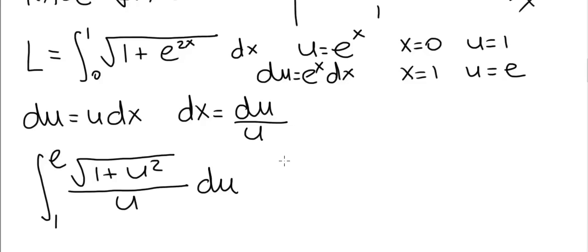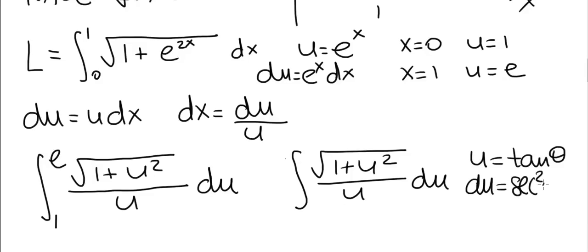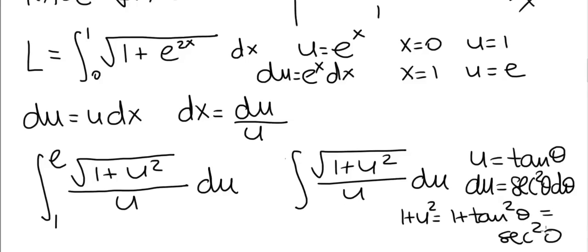So let's put aside the 1 and the e and find the antiderivative of the square root of 1 plus u squared divided by u du. We're going to make the substitution that u is equal to tangent theta, so that du is secant squared theta d theta, and 1 plus u squared is equal to 1 plus tangent squared theta, which is secant squared theta.